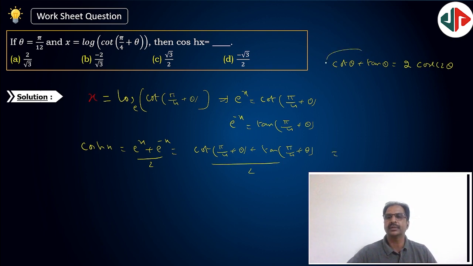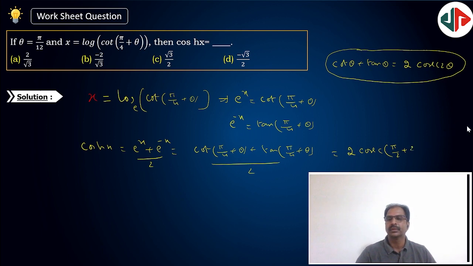And as I said, cot theta plus tan theta is equal to 2 cosecant 2 theta, numerator is in that form. So it is 2 cosecant of 2 into (pi by 4 plus theta), that is pi by 2 plus 2 theta, by 2. So 2 gets cancelled. Therefore, cosh x becomes cosecant (90 plus 2 theta), which is secant 2 theta.